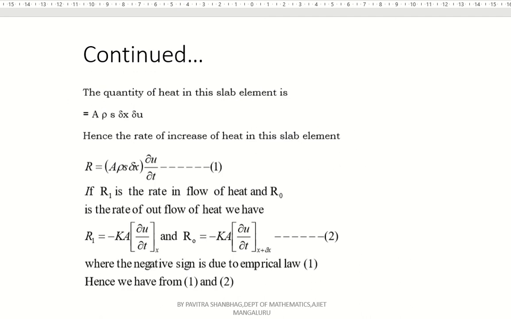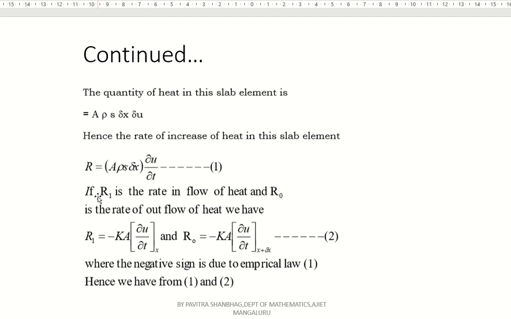Now the quantity of heat in this slab element is A rho delta x into S into delta u, right? Hence the rate of increase of heat in this slab element, let it be R, is A rho S delta x ∂u/∂t.